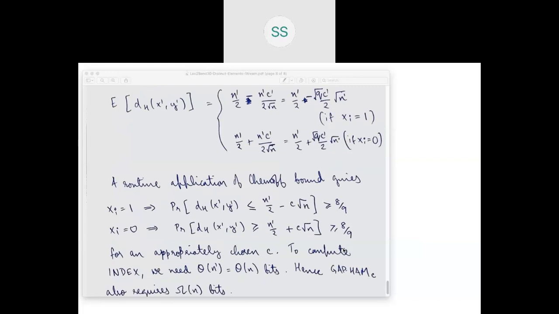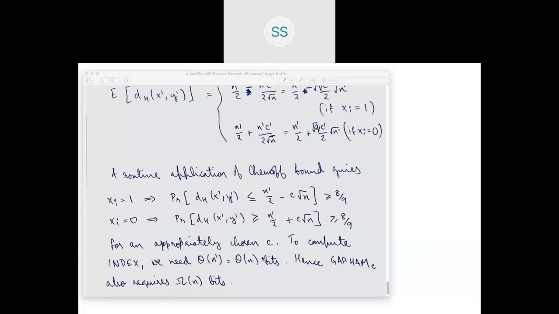Which means we started with an instance of index and we arrived at an instance of gap Hamming, and the probability of there being an outcome that we don't want is low, that is 1 by 9.